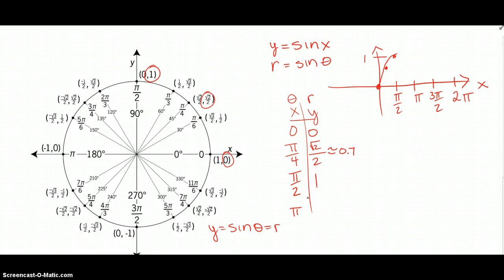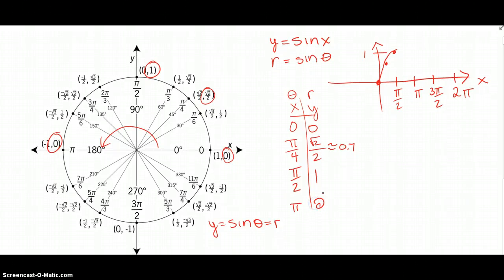So now I'm just going to go to pi. Sine of pi, there's pi right there. The y value is 0. And let's do the next one, 3 pi over 2. There's 3 pi over 2, sine is -1, the y value.